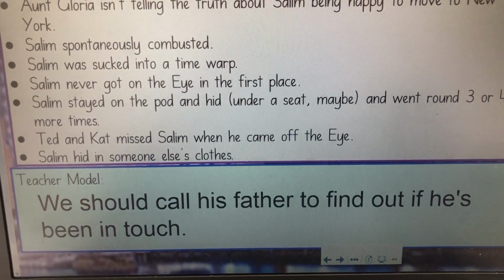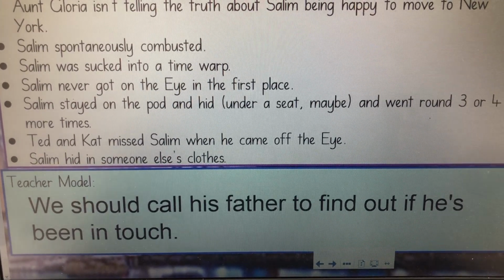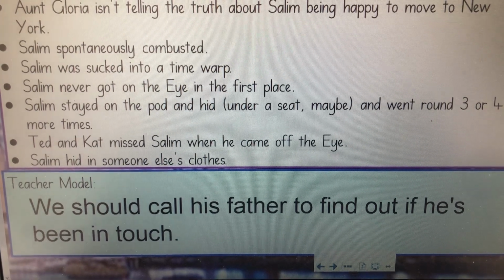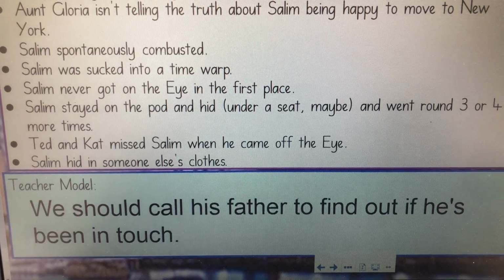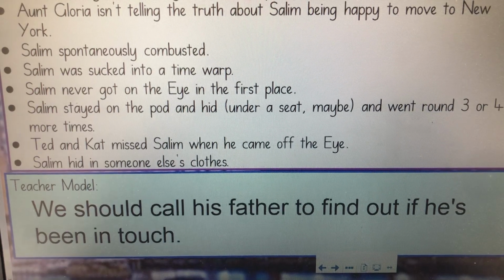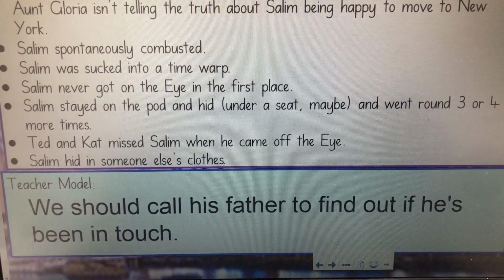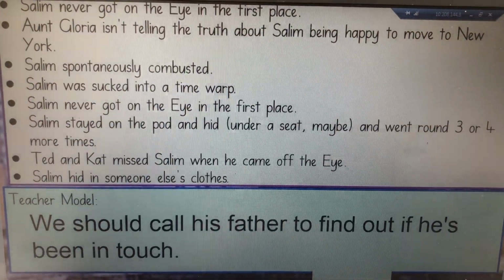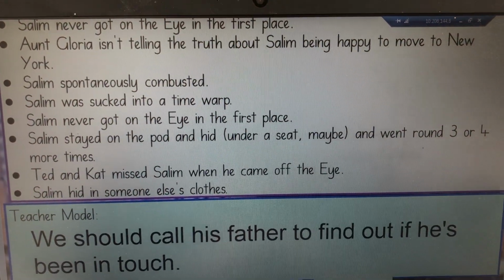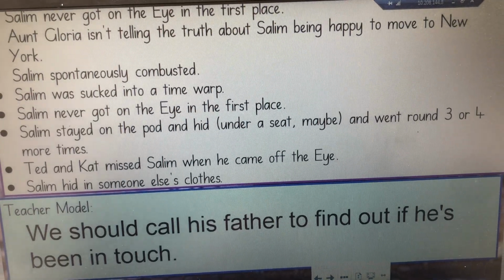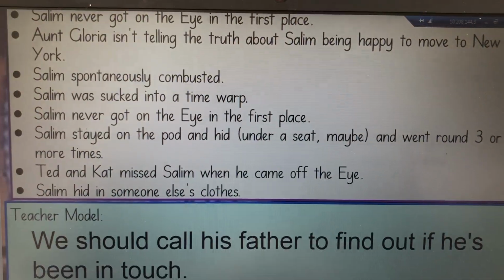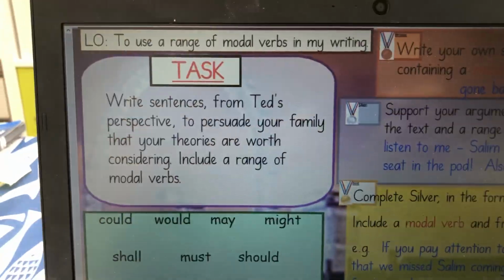Okay, so my example is, we should call his father to find out if he's been in touch. Which modal verb have I used in that instance? Well done, should. We should call his father to find out if he's been in touch. And today in your main activity, you're going to use the ideas that Ted had about Salim's disappearance to create your own piece of writing.